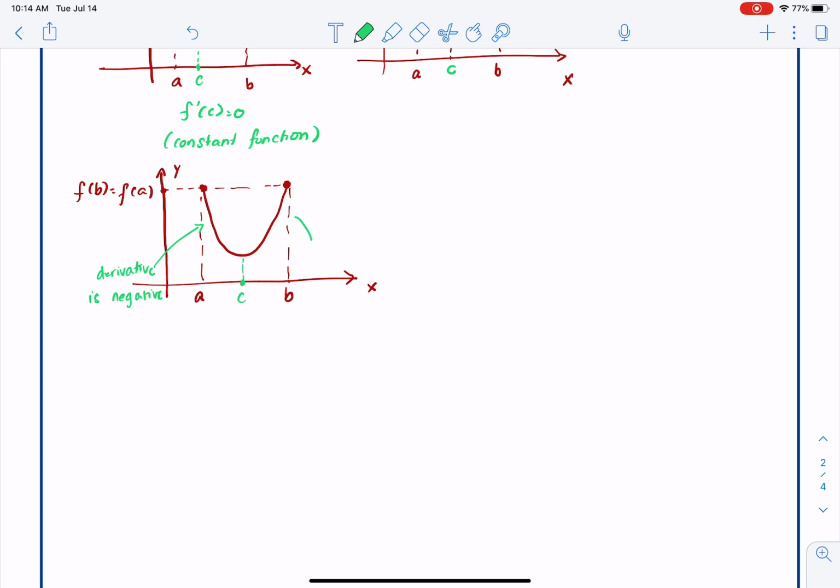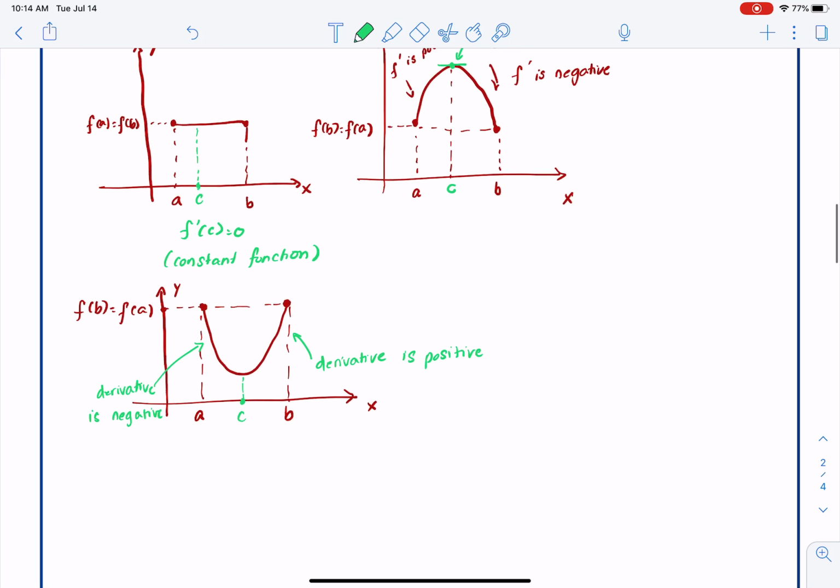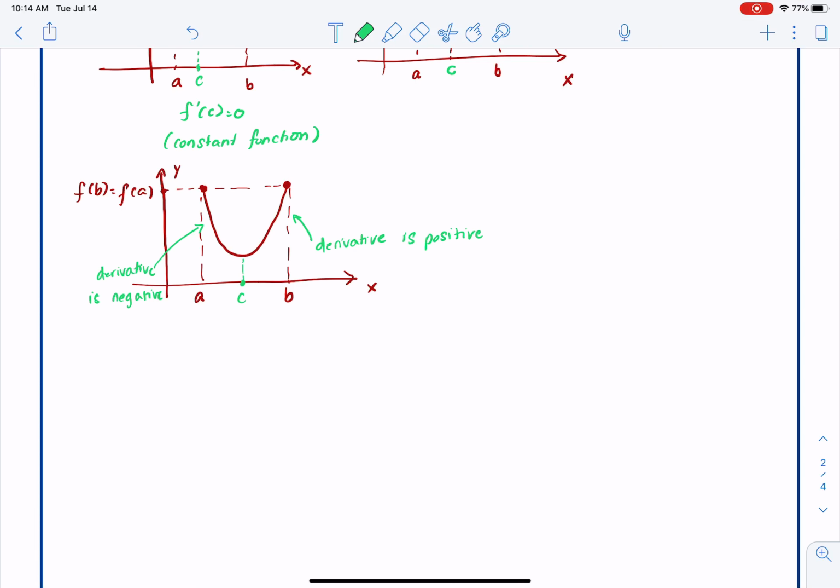On that side, the derivative is positive because the slope is positive. And right here, the tangent line at that point is horizontal. So there, the derivative f prime of c will be 0. So that satisfies Rolle's theorem.